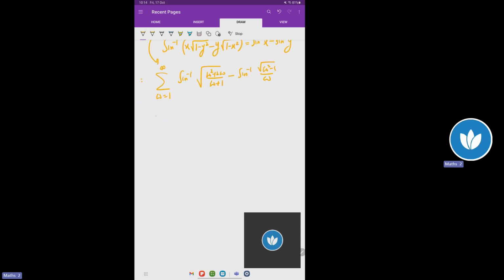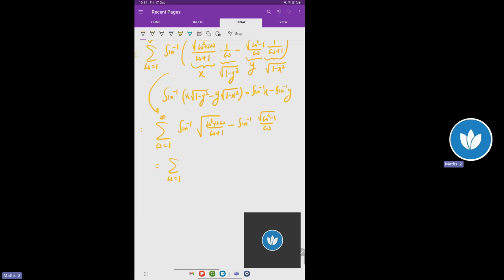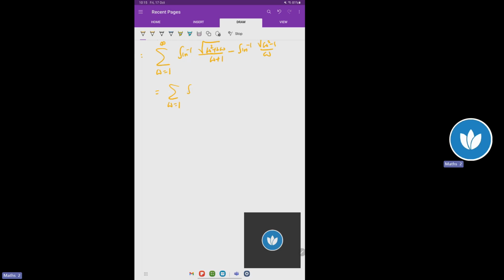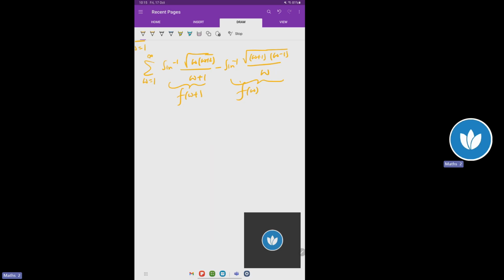Omega equal to 1 to infinity. Sorry, this root is only on this. So if we write this, it is sine inverse of root omega into omega plus 2 over omega plus 1, minus sine inverse root omega plus 1 into omega minus 1 by omega. So if your observation is sharp, if this is a function of omega, this is a function of omega plus 1, obviously it's a telescopic series.